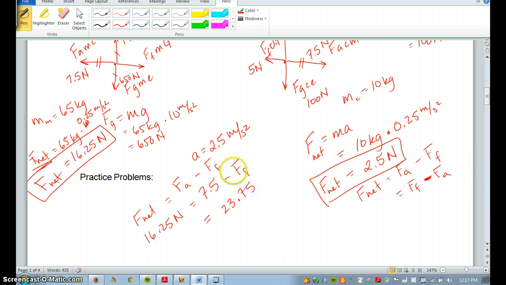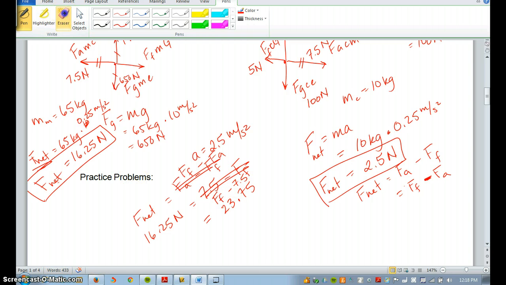Keep in mind it's always a positive value, all right? So I know that you might get thrown off with the different values. Perhaps what I should do is say, in this case, frictional force minus force applied. In that case, it would be frictional force minus 7.5.